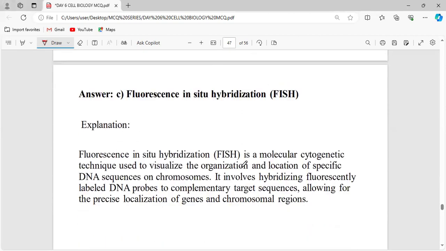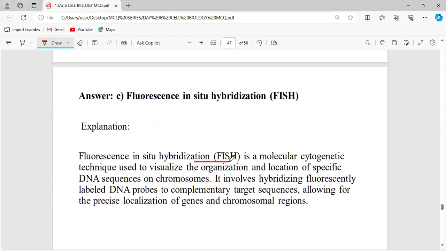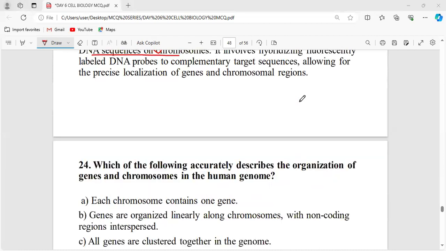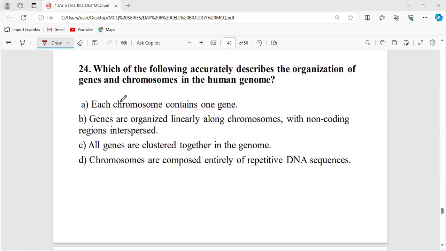Fluorescence in situ hybridization. Okay, FISH. It is a cytogenetic technique to visualize the organization and location of specific DNA sequences on our chromosomes. Okay, so read about this technique. It is very important. Its working principle is important.